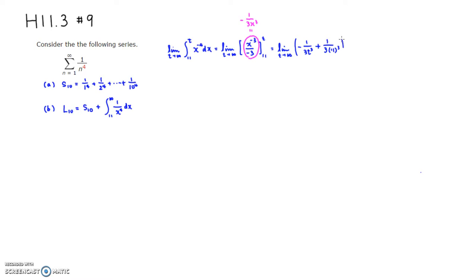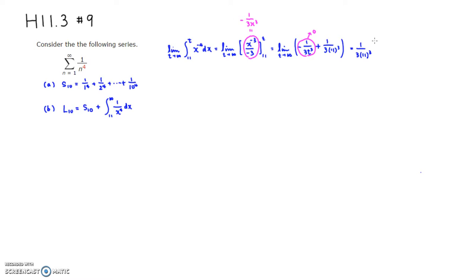As t approaches infinity, this quantity, since only the denominator goes to infinity, is 1 divided by a big number, so it approaches 0. So this is simply whatever this value is, 1 over 3 times 11 cubed.